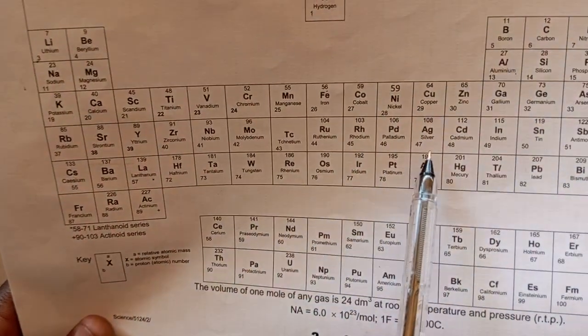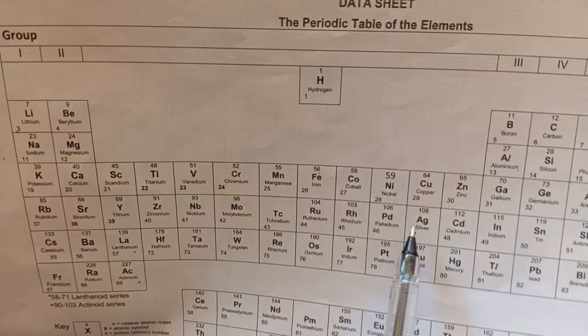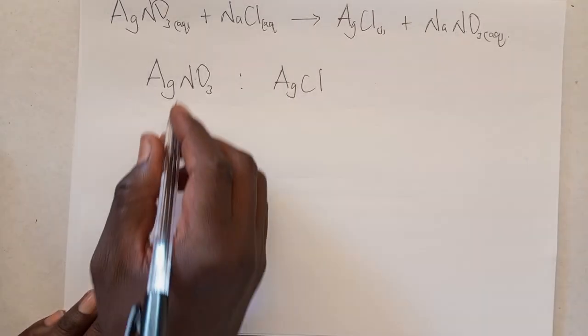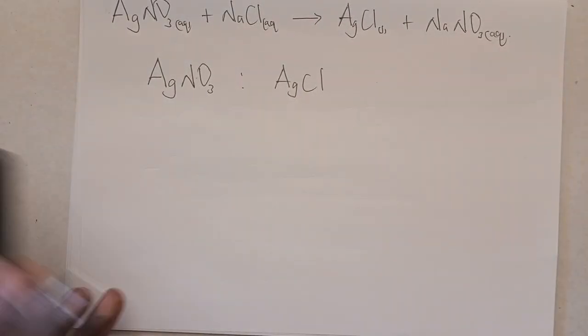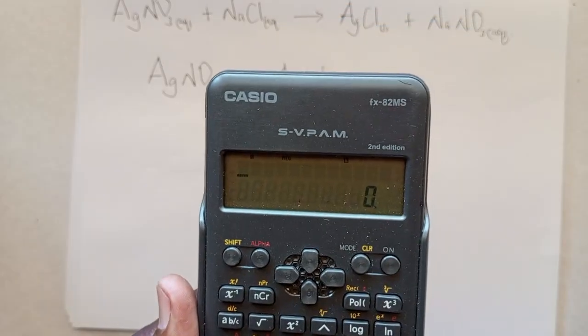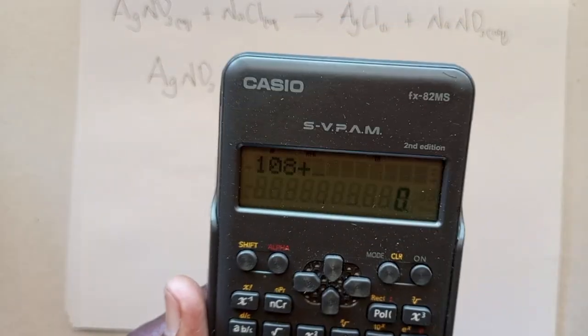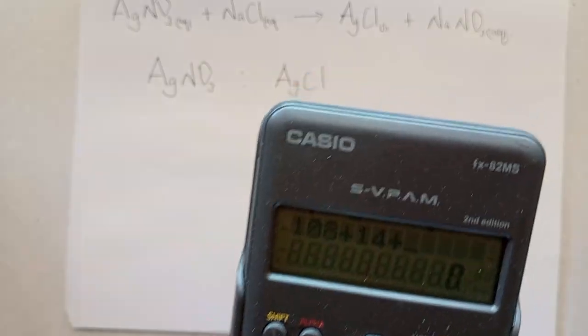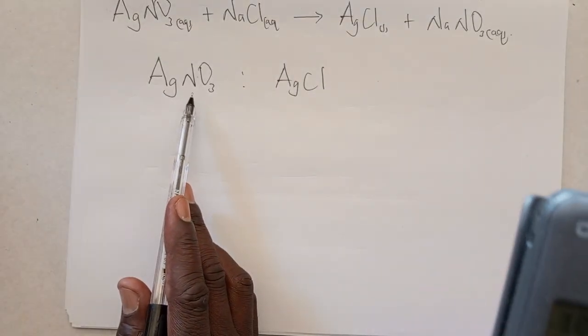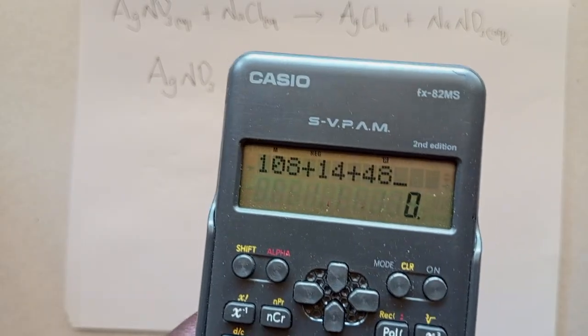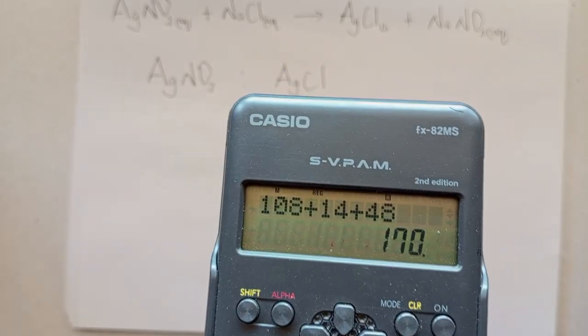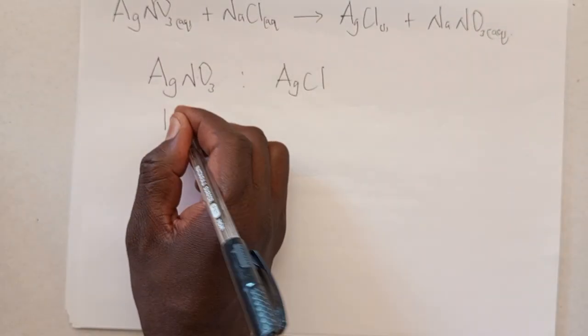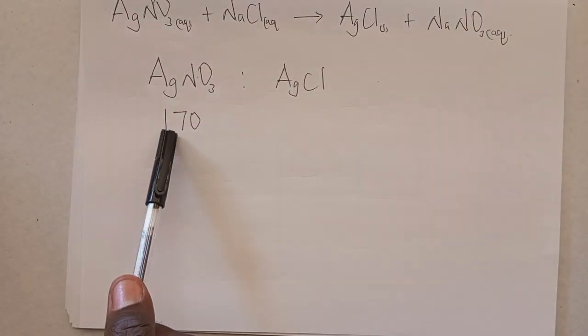Silver has 108, nitrogen has 14, oxygen 16, multiplied by 3, that is 48. So 108 plus 14 plus 48 gives 170. This is the relative formula mass.